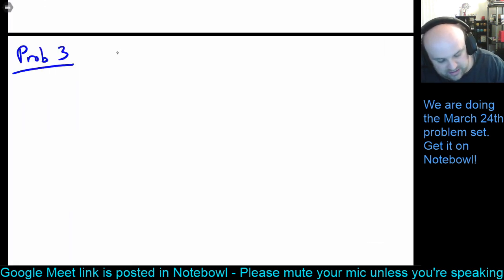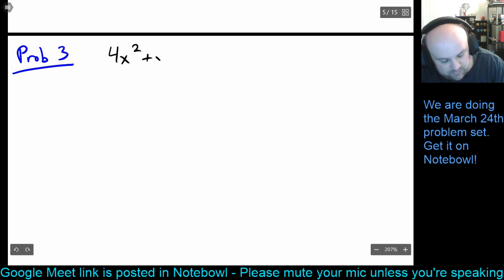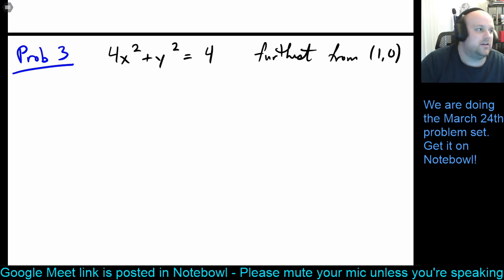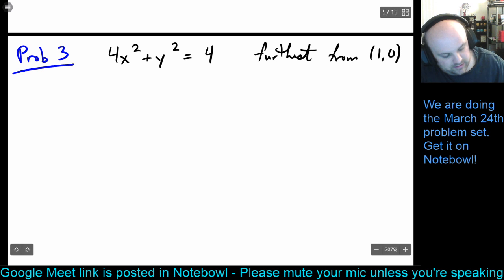Right, so we're looking at the ellipse 4x squared plus y squared equals 4. And we want furthest from the point 1, 0. Right? So what's important is to sort of see, like, what is the situation we're looking at here, right?